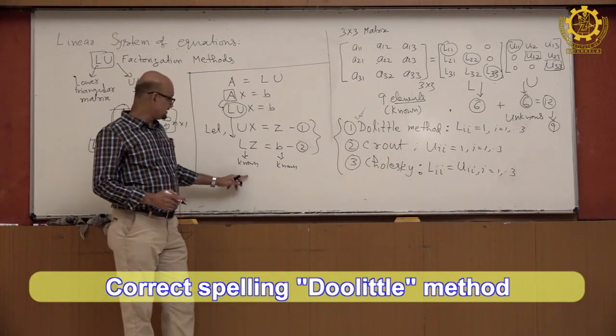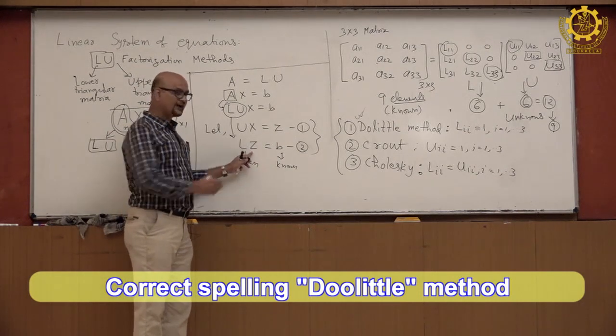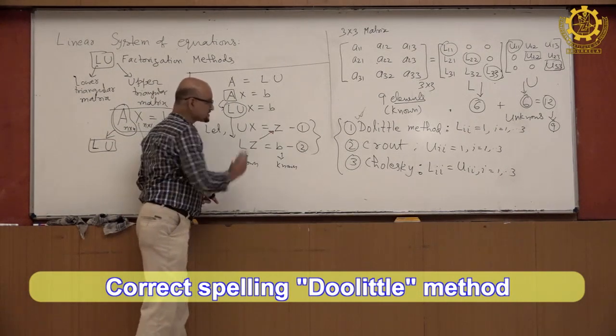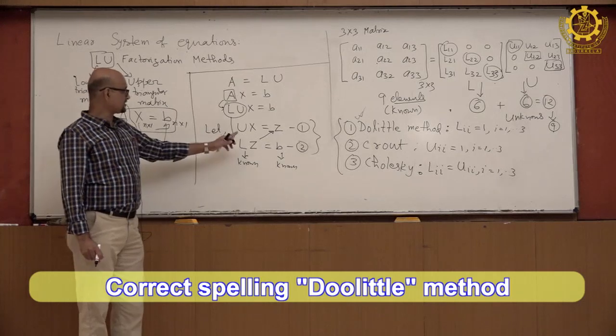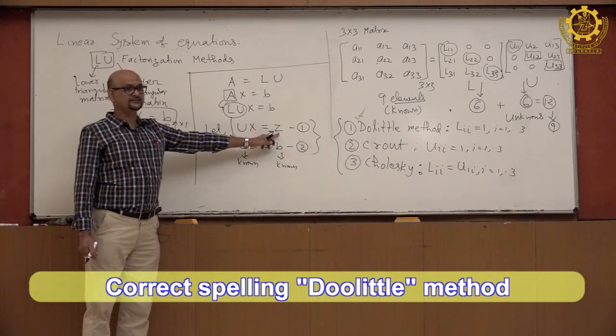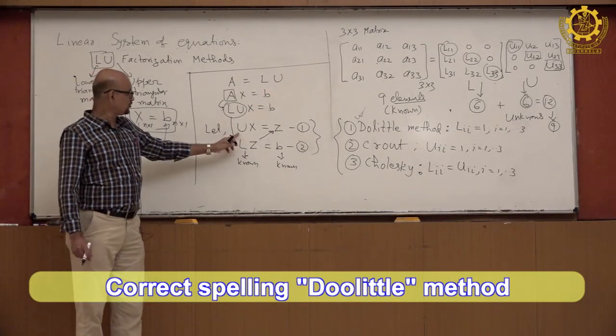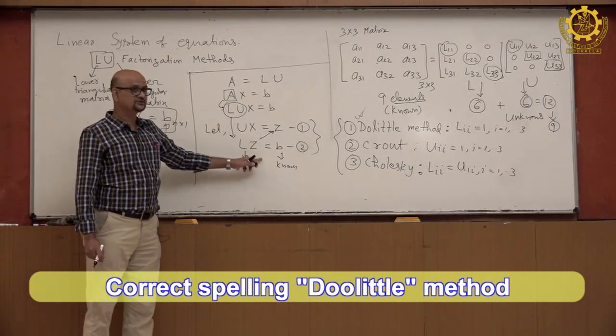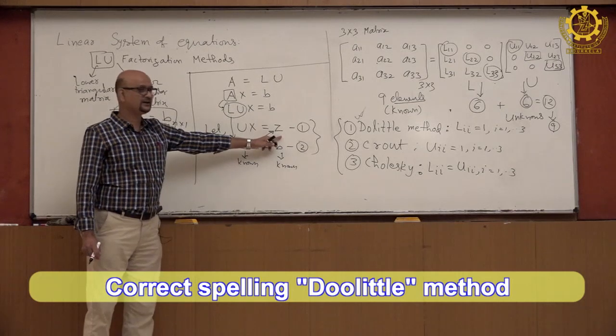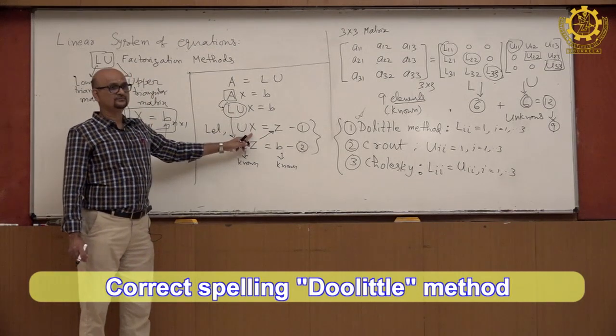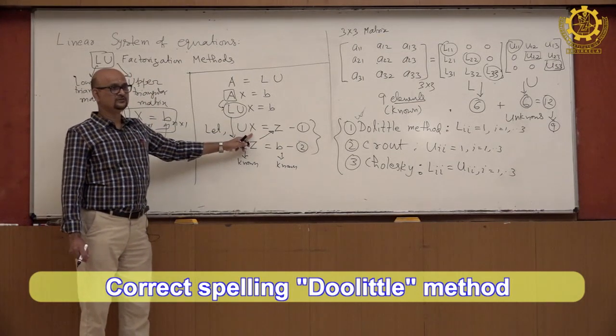Fine? Lz is equal to B. So if you know Z, now I will use equation 1. In equation 1 you see Ux is equal to Z. U you know from the factorization, Z from equation 2 you know, substitute Z here, you can find X. Understood?